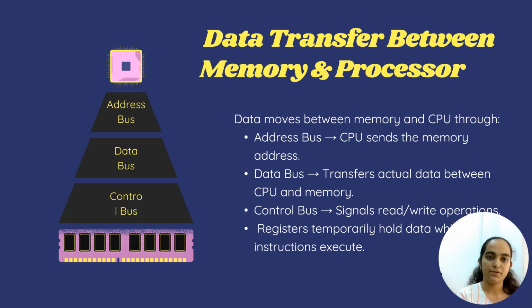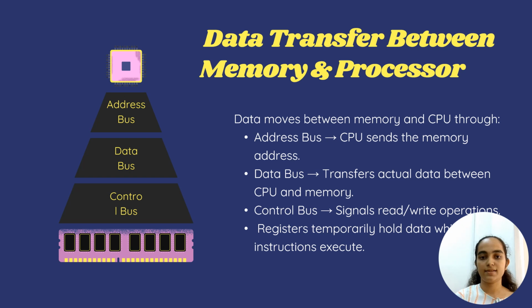Data transfer between memory and CPU. Data inside the computer travels through special pathways called buses. There are three main types: address bus, data bus, and control bus. Address bus is used by the CPU to point to a specific memory location. Data bus carries the actual data to or from memory.